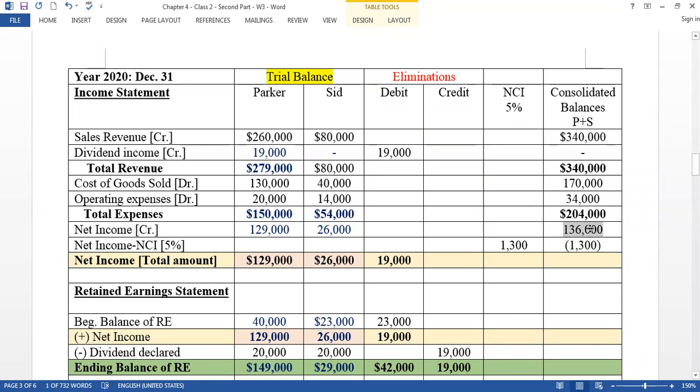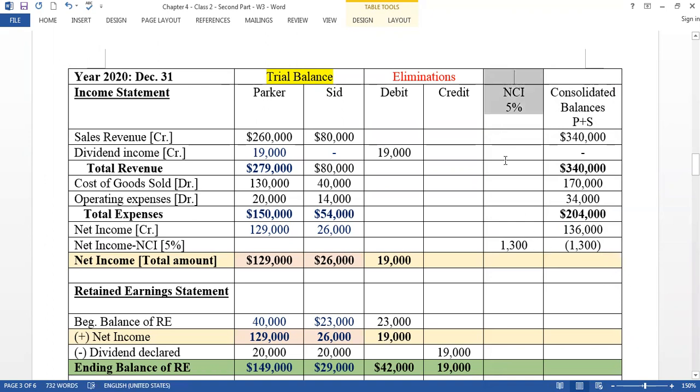But we know that from here, some part goes to NCI. Some part goes to NCI, and we already know the number. As it is the consolidated part, although you already recorded it separately, look here. This is a separate column, and this is the consolidated column, right? Do you understand? We also record it separately, but we have to show it here again because this money is actually deducted from the net income of the subsidiary.